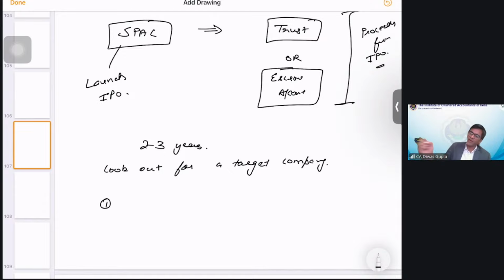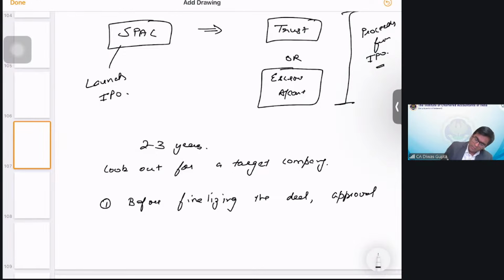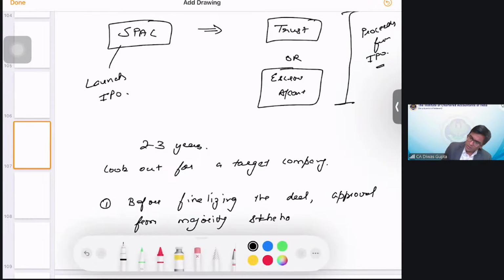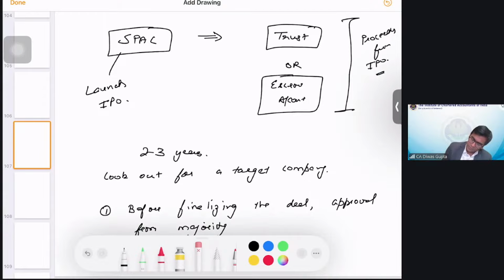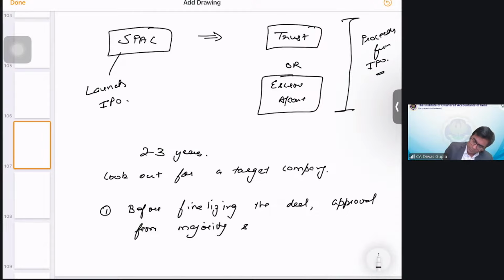Then, before finalizing the deal, approval from the majority shareholders is required.